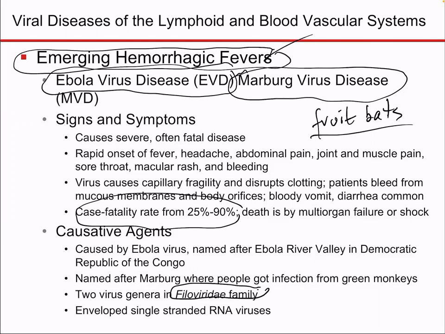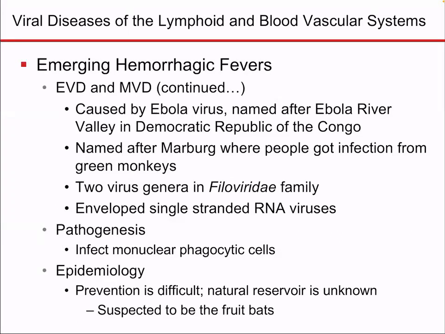In terms of the pathogenesis, the Ebola virus can replicate efficiently in many cells. That includes mononuclear cells, monocytes, phagocytes, macrophages, dendritic cells.